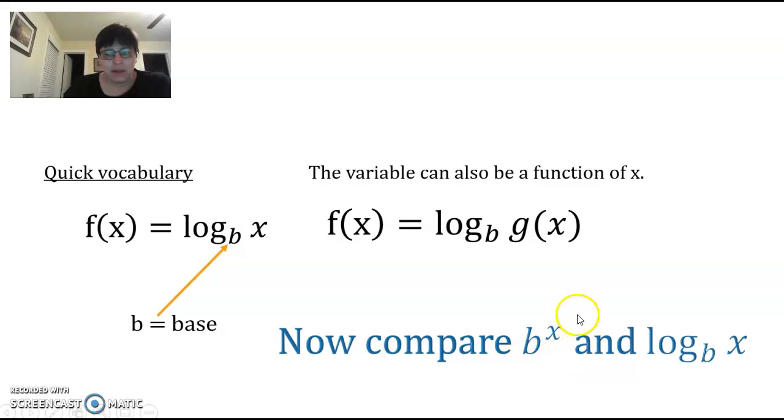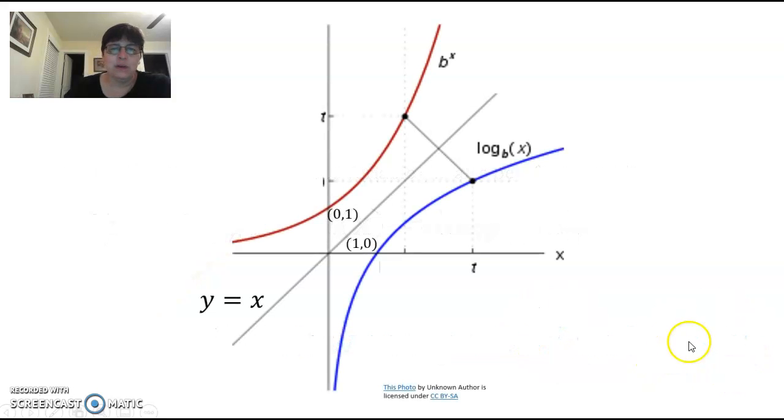So if we compare the exponential function and the log function, it's pretty cool. You can see that when we get this line y equals x, we can get similar points. Like the exponential function will go through (0, 1), and the log function will go through (1, 0).